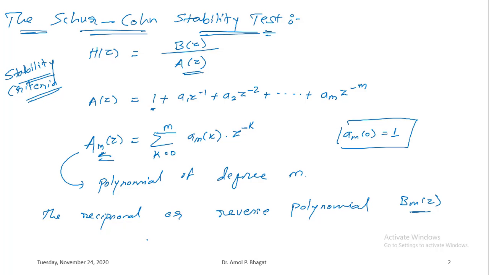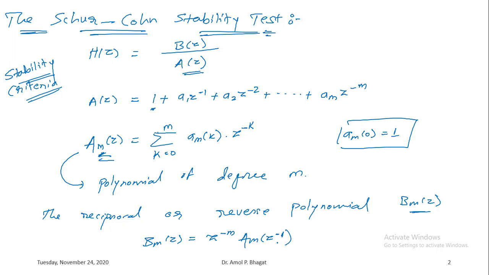So this Bm of z as the equation, simply I'll write here only. So Bm of z will be equals to, so this Am of z will be multiplied by z to the power minus n, and this Am of z will be simply taken in reverse order.